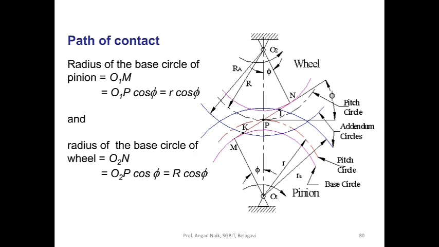So cos phi is equal to O2N divided by O2P. Therefore, O2N is equal to O2P into cos phi. The same is written in the equation. If you see the geometry of the figure, O2P is named as capital R, which is the radius of pitch circle. So it is rewritten as capital R into cos phi.